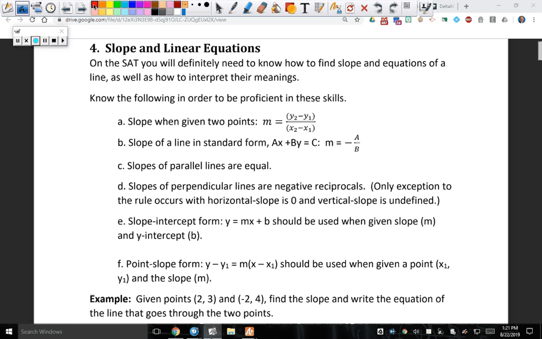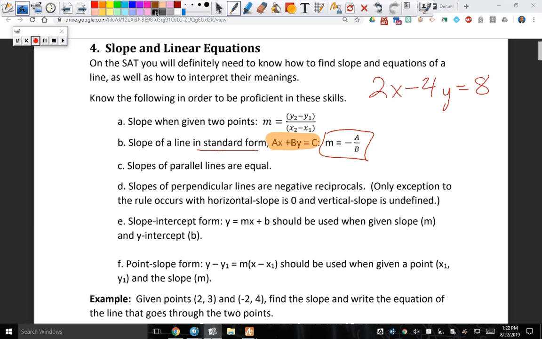Guys, when you are seeing slope with equations and they want you to quickly go for the slope, very often you're going to be given the standard form. For instance, you could have something that looks like this. And you're asked to find the slope quickly.